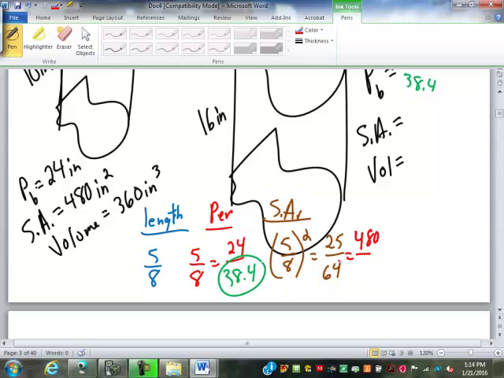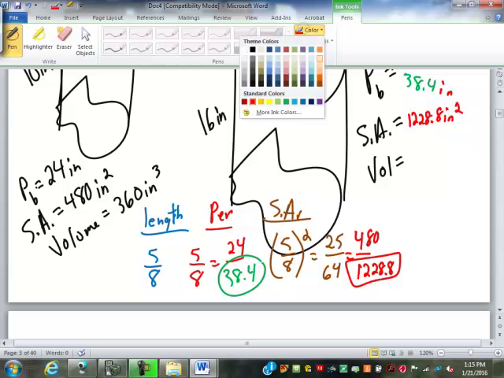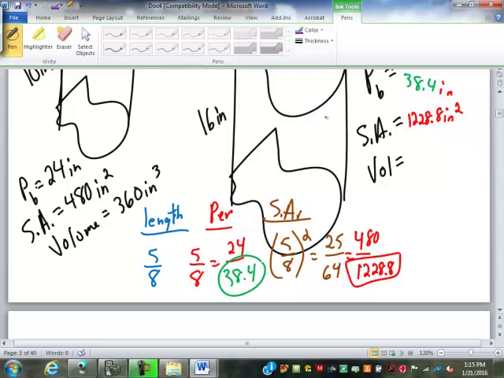So 64 times 480 divided by 25 is 1228.8. This was in inches. This is going to be in inches squared.